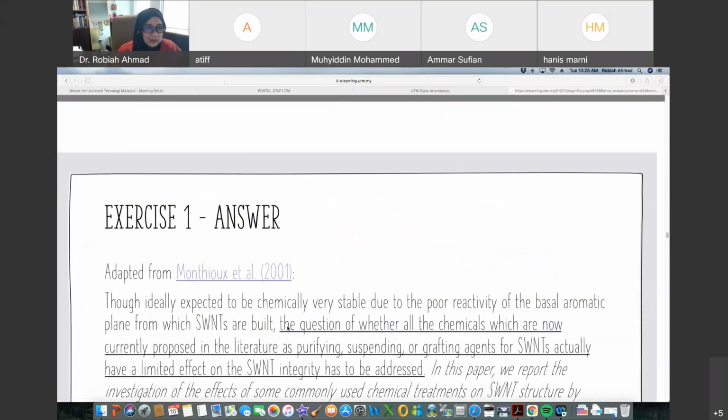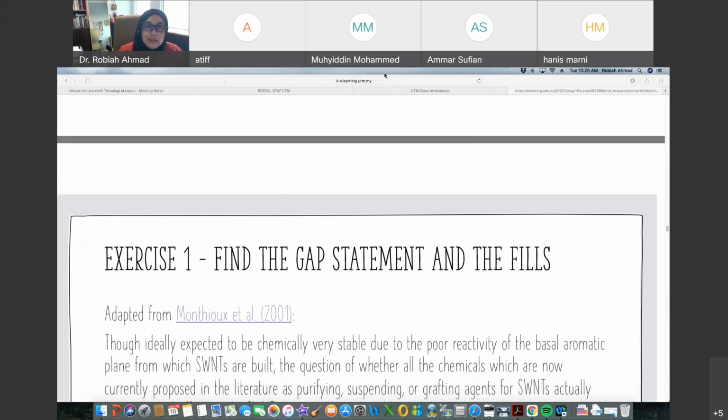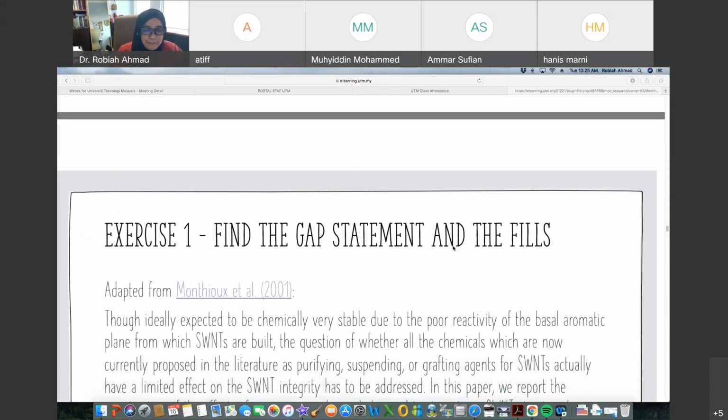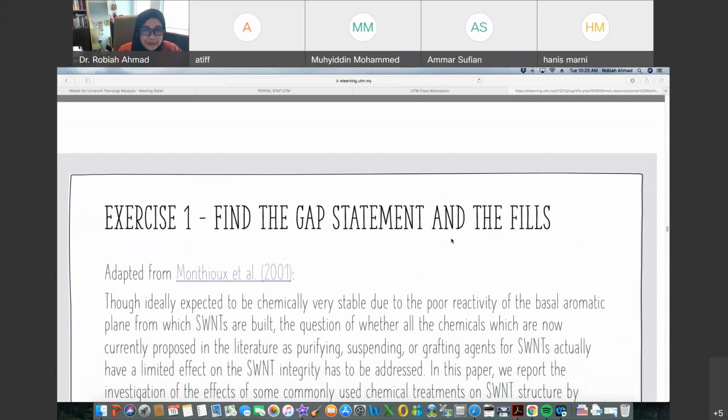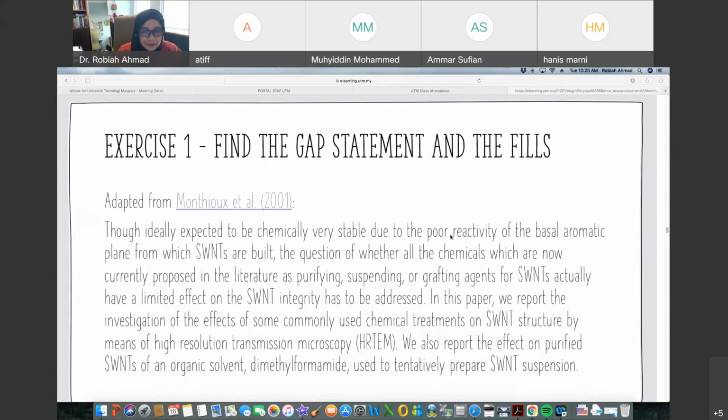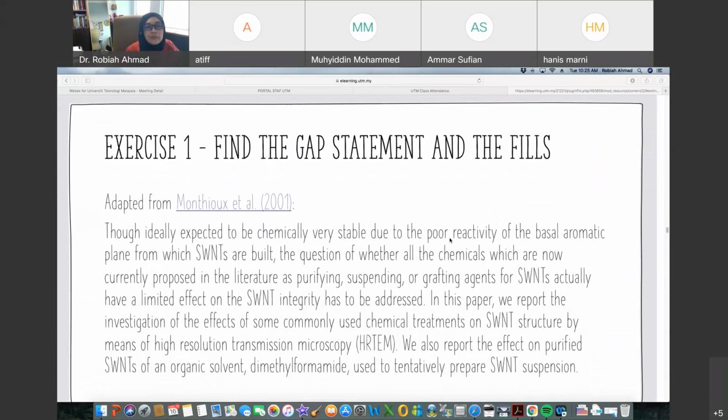Okay. So let us look at this paper, class. Tell me where the gap and the field are. So read first. Okay, which one is the gap?